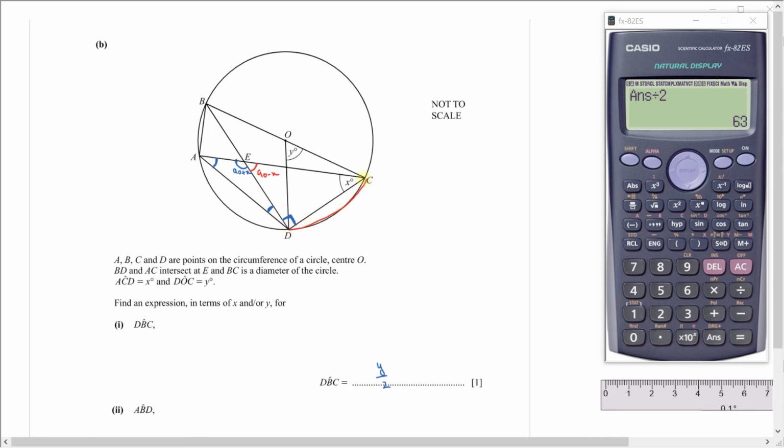This arc subtends this angle at the center, which is y degrees, and it makes this angle on the circumference. So this angle should be half of y because this is at the circumference and this is at the center. So this angle will be y by 2 here. So let's just remove this. So this angle is y by 2.